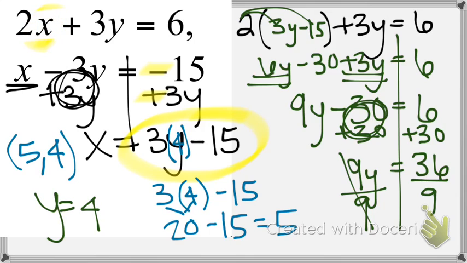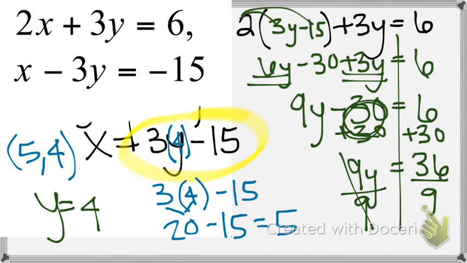And it is a good idea, especially on a test, to go back and check. So if I put a 5 here and a 4 here, I'm going to end up with 10 plus 12. That didn't work. Well, if you notice, it didn't work.